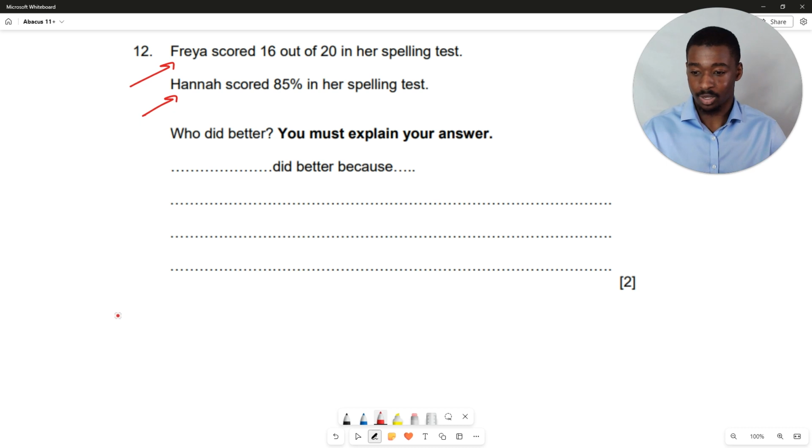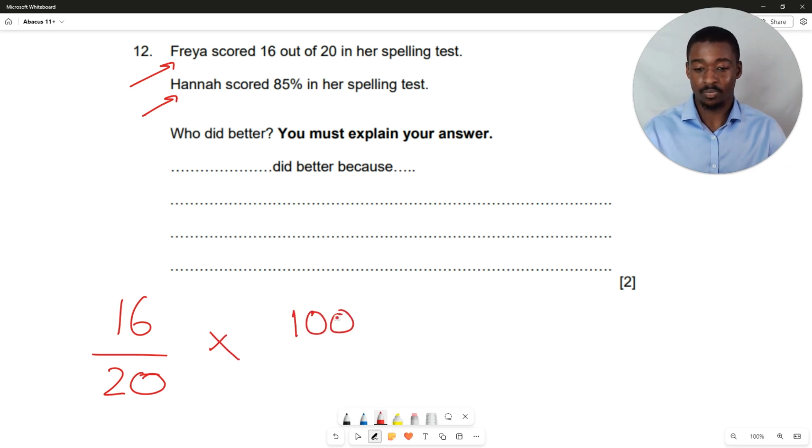The reason why is because if we take her score, 16 out of 20, to work out what percentage that Freya got, we simply work out 16 over 20 multiplied by 100. Now we can take out the common factor of 20 across this diagonal, giving us 1 and 5.